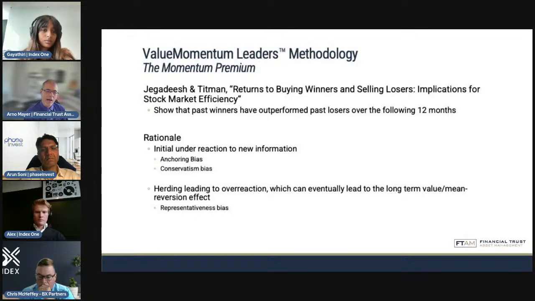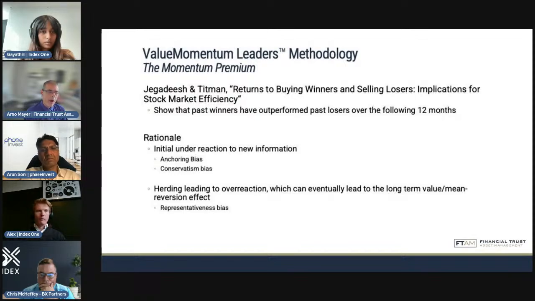Secondly, herding can lead to overreaction, which can eventually lead to long-term value mean reversion, representative bias. So again, some of the new information can come out, stocks could come up dramatically, but then come back down a little bit in price, but the catalyst can lead to longer-term value over time.